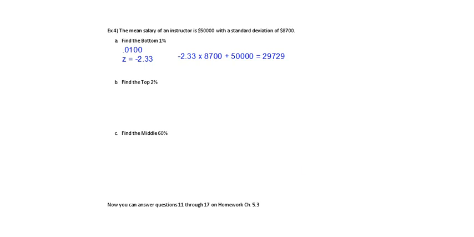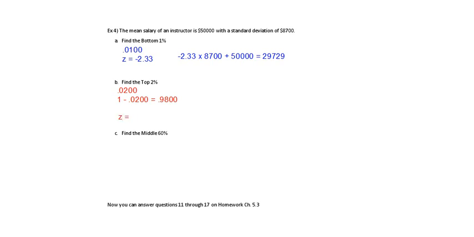Next, they like us to find the top 2%. Well, 2% is the same as saying 0.0200. But because it says top, I'm going to have to subtract from 1, which gives us 0.9800. So then I have to look up 0.9800 on our chart.